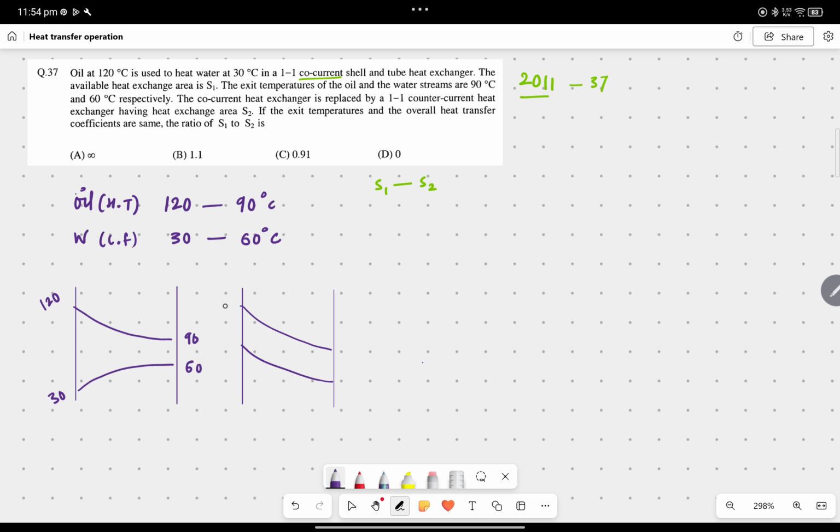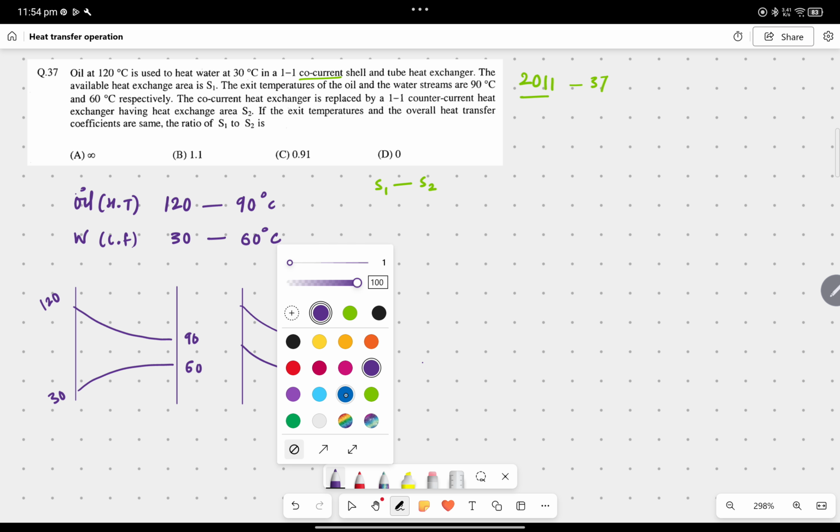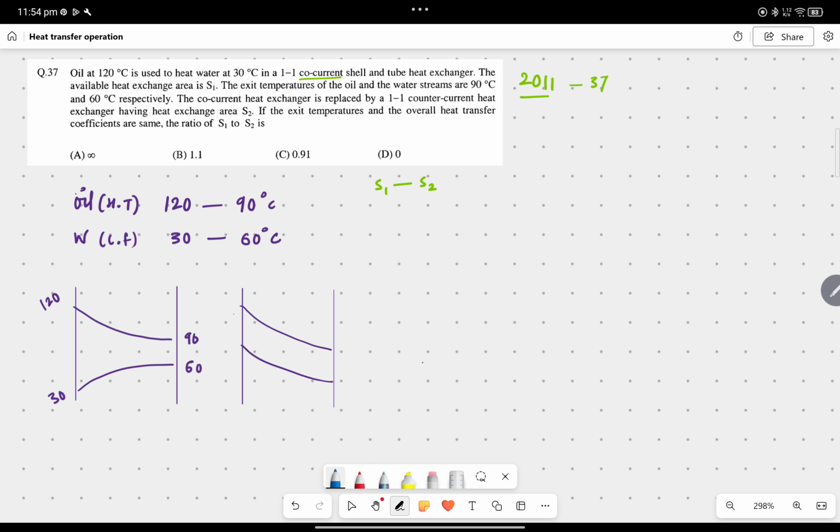Okay, now I am writing with another color. So for the counter current, we have the entering temperatures the same, but the cold fluid exits from this side, so 30 we are going to write here this time, and the exit temperature of the hot fluid is 90 degrees Celsius, and the exit temperature of the cold fluid is 60 degrees Celsius.